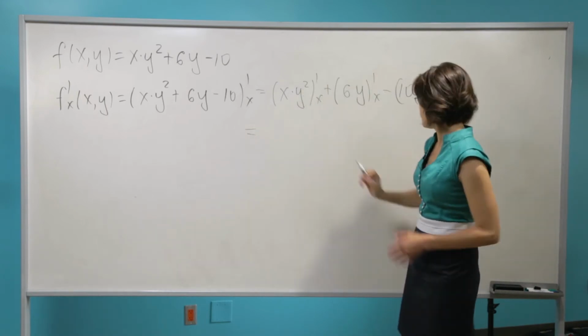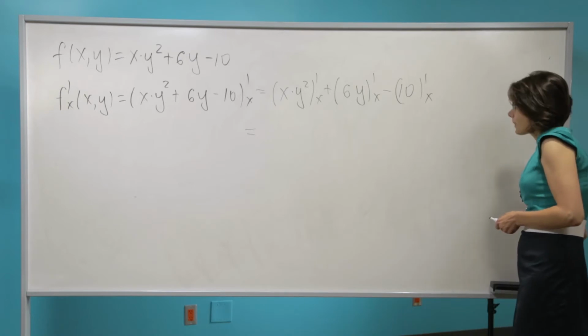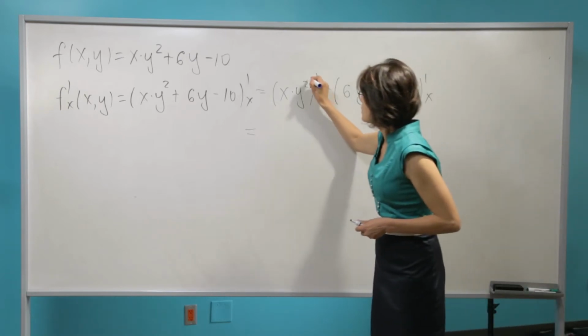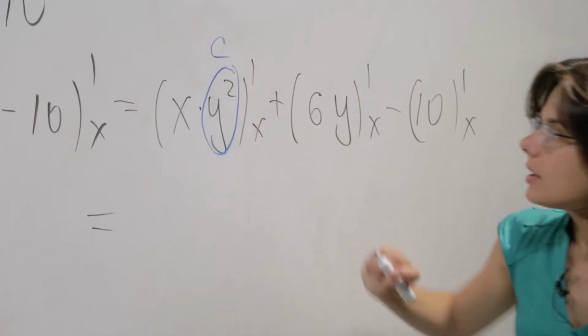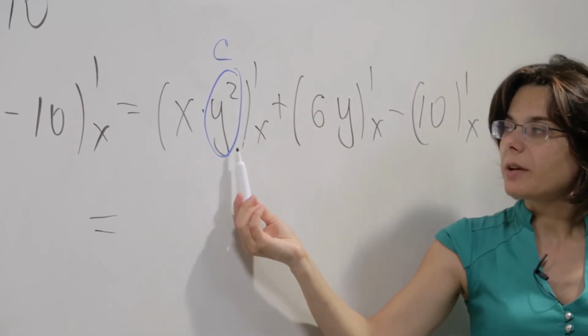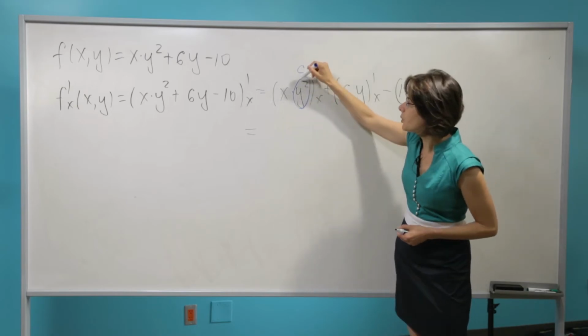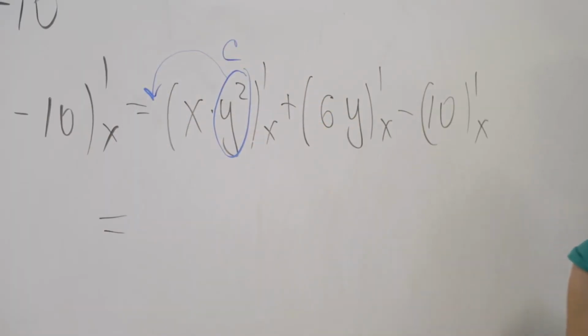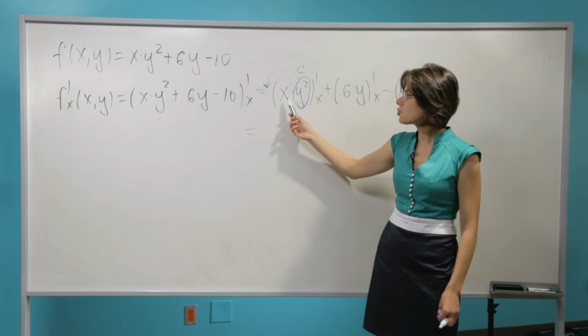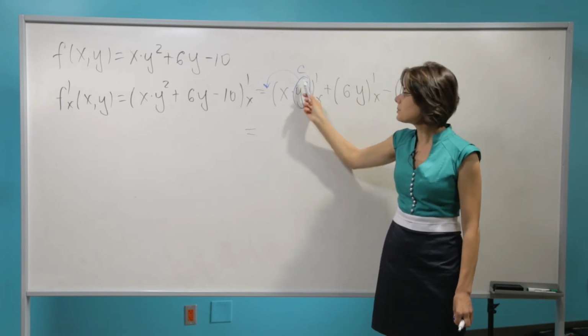So the first derivative will be like that. This is the same as a constant times variable x, and when we differentiate, the constant we can bring outside of the differentiation. So basically what we have here is just the derivative of variable x times some constant.